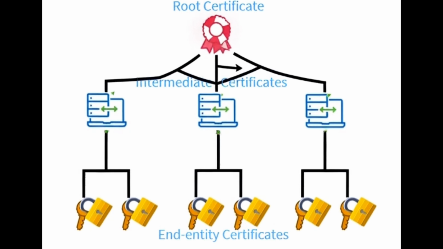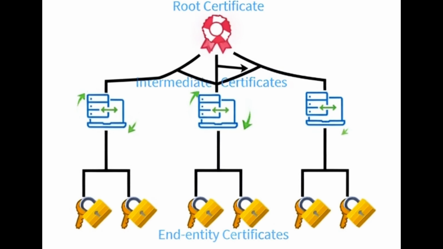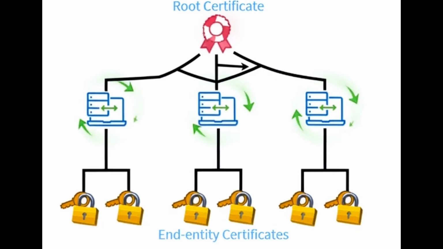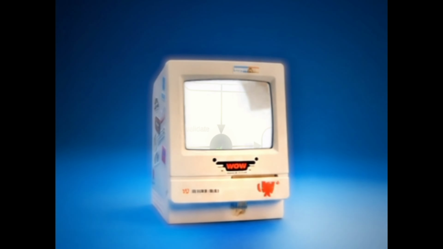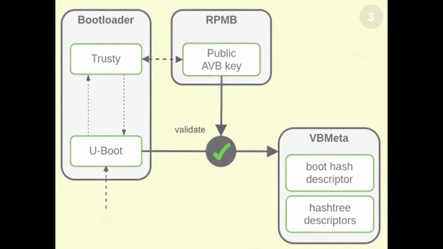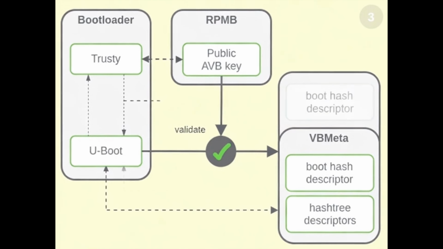The VB meta partition is special because that metadata file contains cryptographic hashes and signatures for all the other boot critical partitions. So by just verifying that the VB meta partition file is intact and verifying the signature of the VB meta partition, you ensure that the rest of the system or rest of the software has not changed or has not been tampered with.